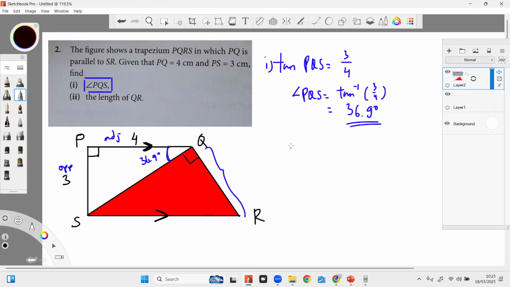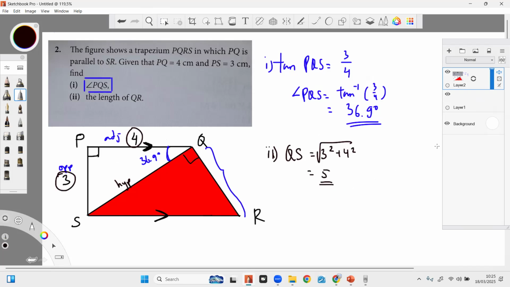In order to find QS, we have two ways. First, as the hypotenuse of PQS, or as the hypotenuse of 4 and 3, right? We can use either Pythagoras or trigonometry. I think the best way is to use Pythagoras. Why? Because we only have 3 square plus 4 square and you can get 5 easily.